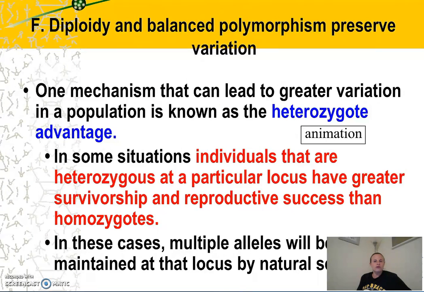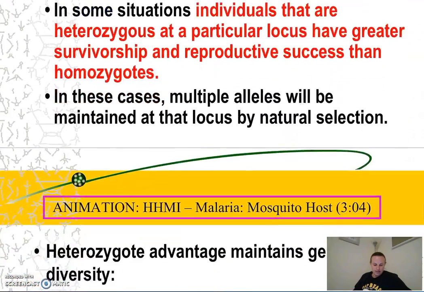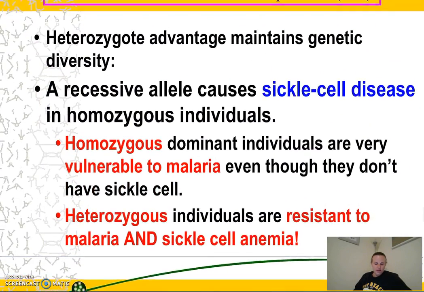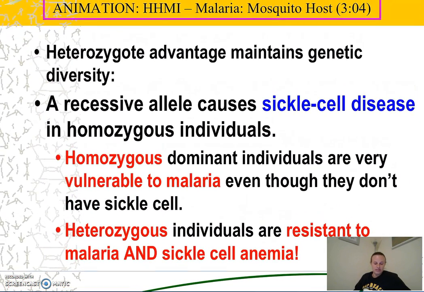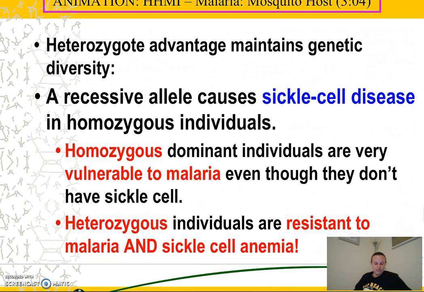However, something called the heterozygote advantage is leading to greater variation in a population, because if I have someone that's heterozygous for sickle cell anemia, not only is that person resistant to malaria, but that person is also resistant to sickle cell anemia. So this heterozygote advantage is actually maintaining genetic diversity, because if I'm homozygous for sickle cell, then I am vulnerable to malaria.